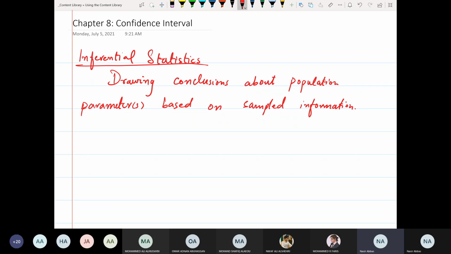So we start with the most popular population parameter, which is mu, the population mean.